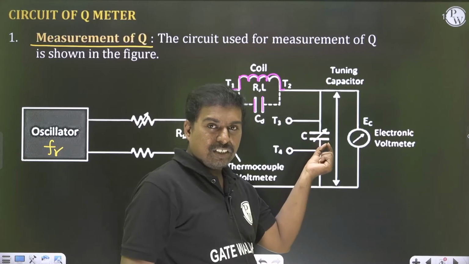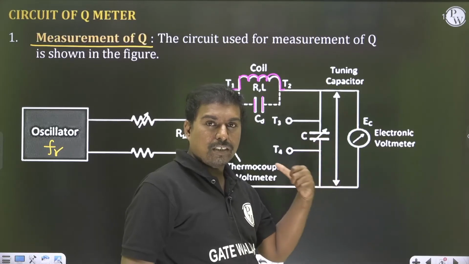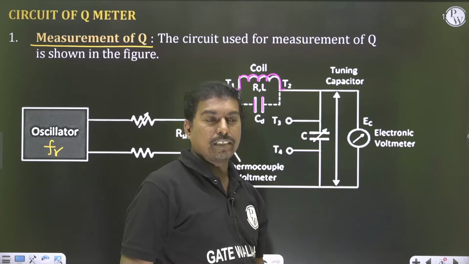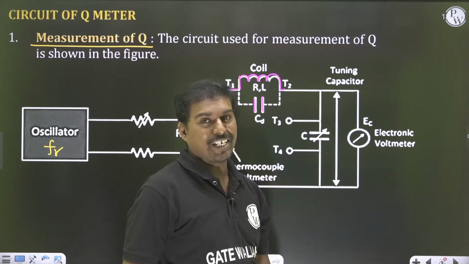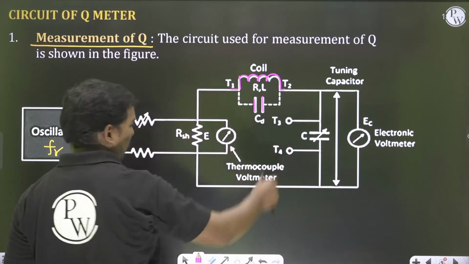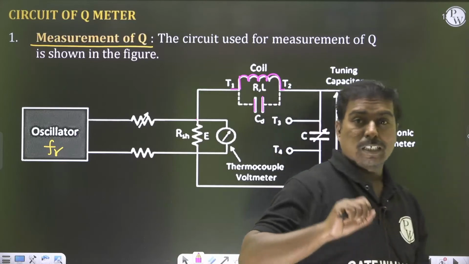By adjusting this tuning capacitor, we are going to make the circuit operate at resonance. By adjusting this tuning capacitor, we are going to get the resonant frequency.